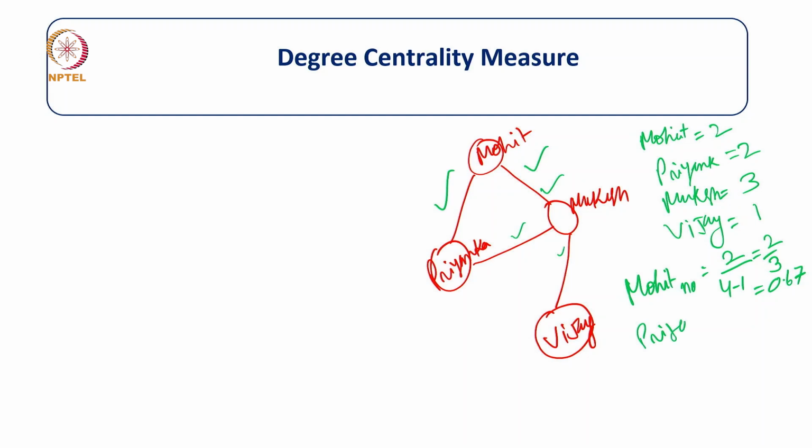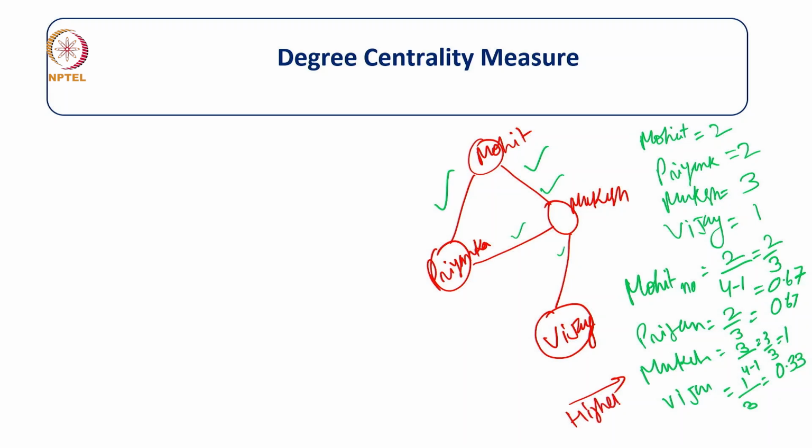For Priyanka, the normalized will be 2 upon 3, 0.67. For Mukesh, 3 upon 4 minus 1, 3 upon 3, which is 1. And for Vijay, 1 upon 3, it will be 0.33. So again Mukesh has the highest normalized degree of centrality. Now we will see this computation in R.